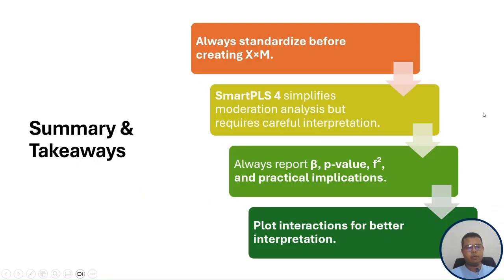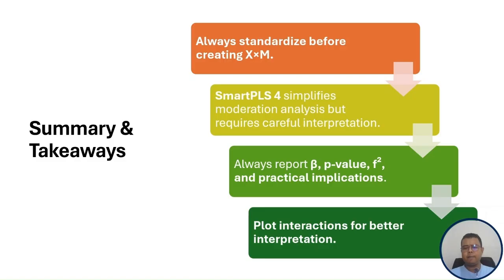Okay, that's all about moderating analysis. So what is the summary takeaway? Always standardize before creating the interaction of the independent variable and the moderating variable. If you use SmartPLS 4, you don't need to do it manually; it's a facility to do it in SmartPLS 4.